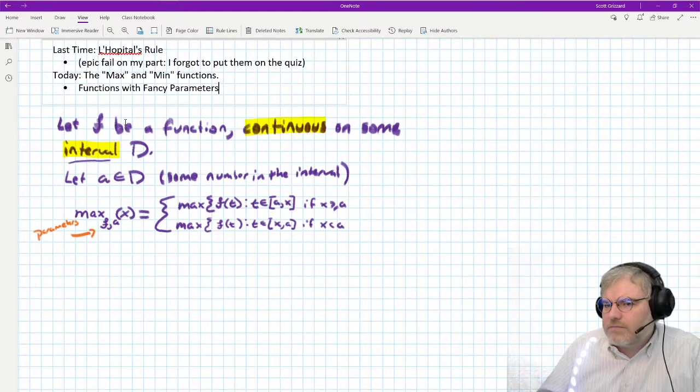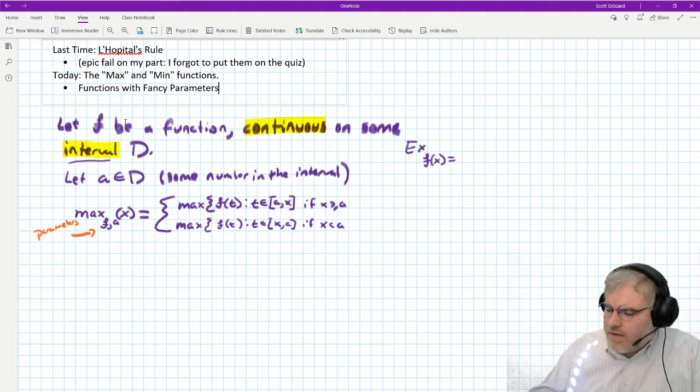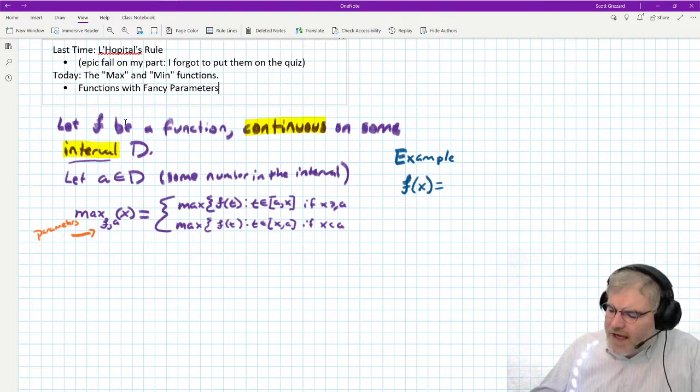Whoa. What the heck is that? Kind of weird, right? Let's look at an example. Let's look at f of x equals x cubed minus 2x squared, otherwise it's just ugly.